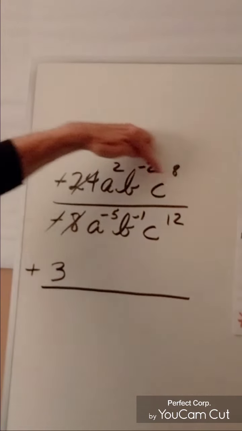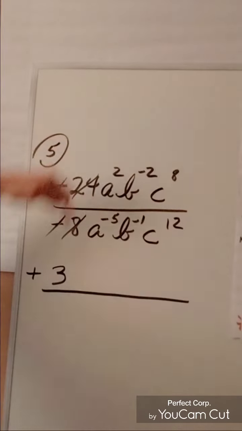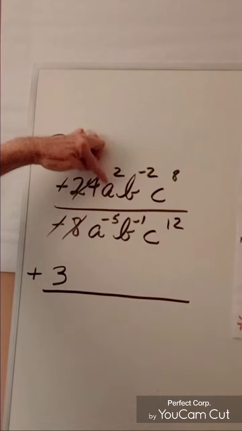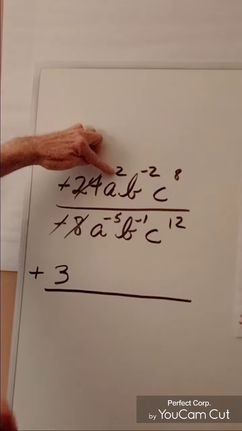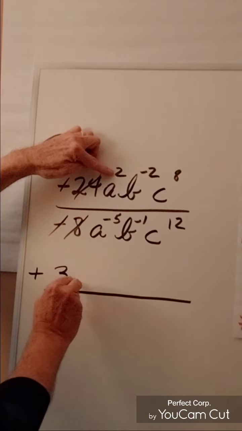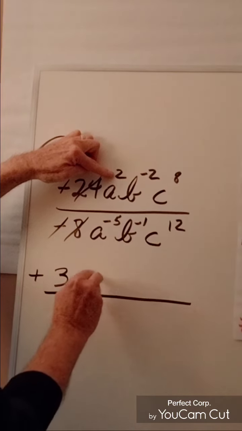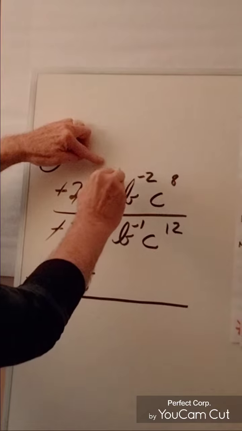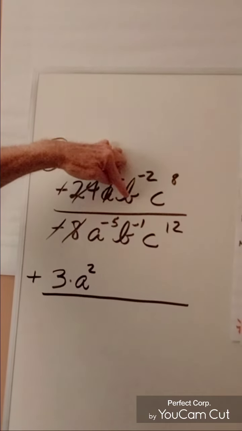So let's just start with this numerator right here. Let's just go one step at a time. This A to the 2nd is going to stay right where it's at. I'll just scribble it out right now. Let's go to this one.